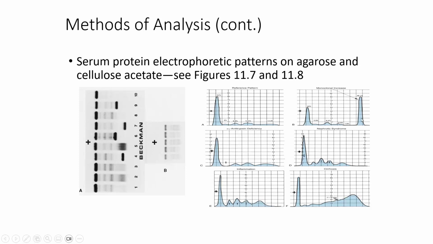Here's a monoclonal increase, so all of a sudden we have a great deal more of the gamma fraction. That means we have a lot of antibodies being produced. Nephrotic syndrome, you can see this pattern, and then cirrhosis is indicated here. So different patterns can indicate different disease states.